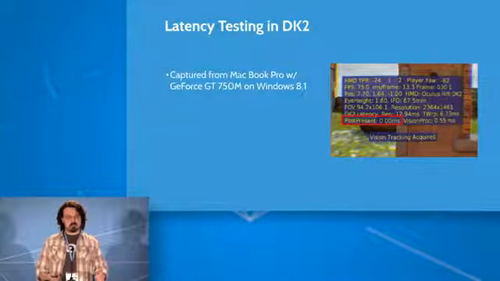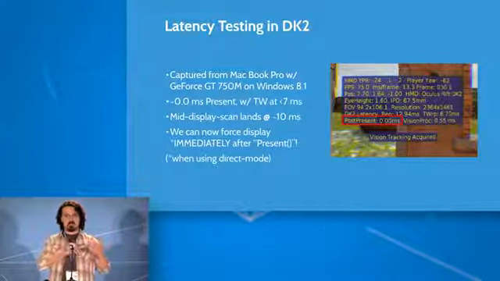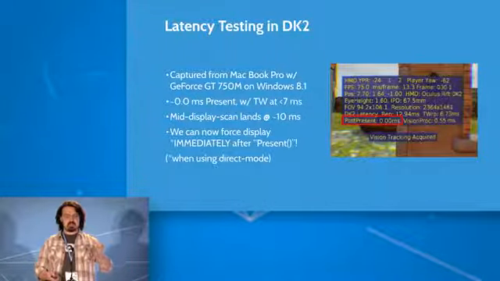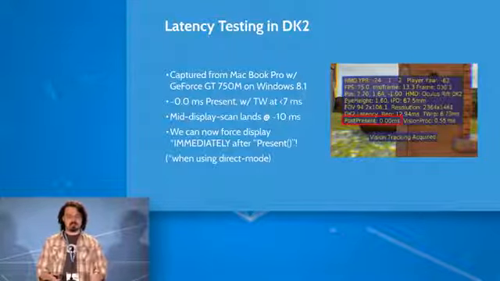This particular shot, I captured that on a MacBook Pro with GeForce GT 780M, and it was running Windows 8.1. And in this case, our post-present latency is 0 milliseconds, and time warp roughly lands around 7 milliseconds. If you consider that the screen is scanning out from right to left, that essentially means that the midpoint of the scan out lands around 10 milliseconds from the point it was originally sampled.